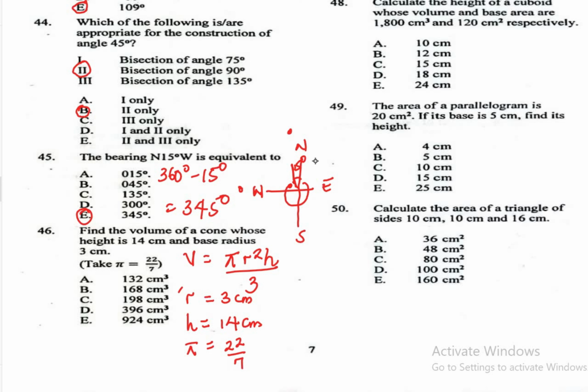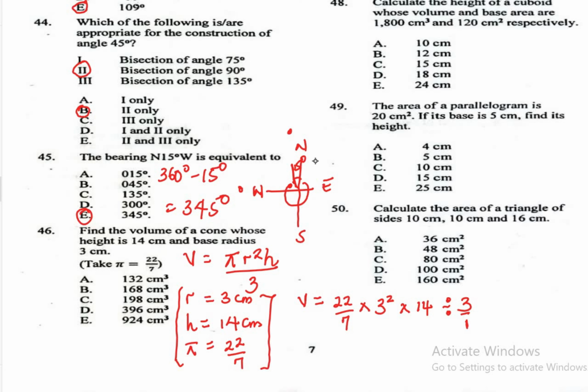Just input these values into the equation. So volume is pi, which is 22/7, times radius, which is 3 square, times height, which is 14. Now divide by what? By 3.